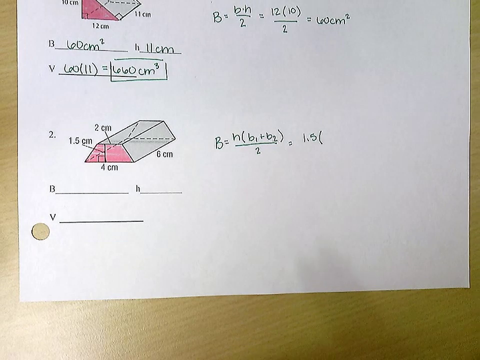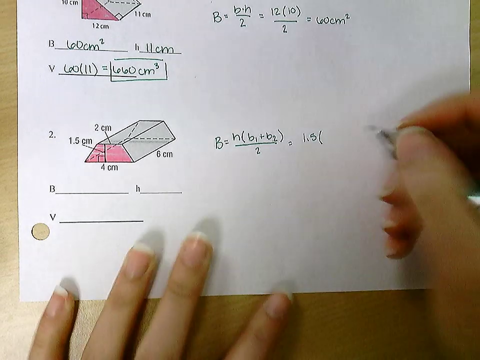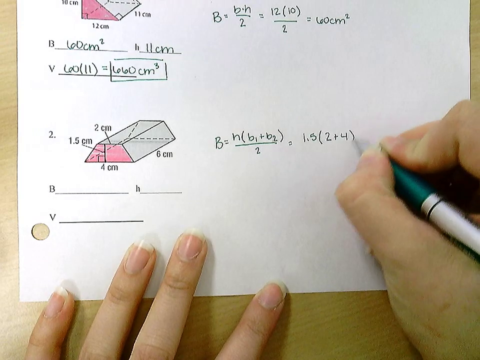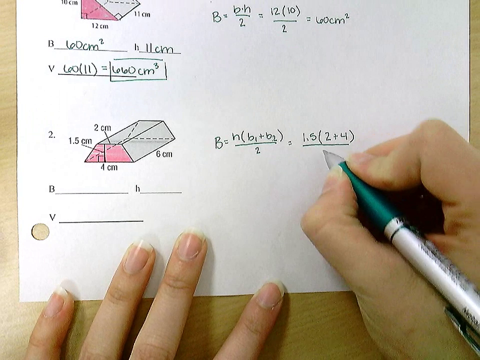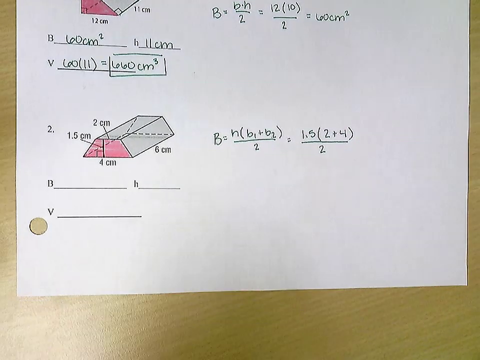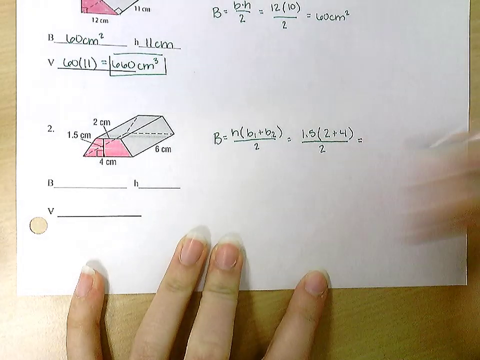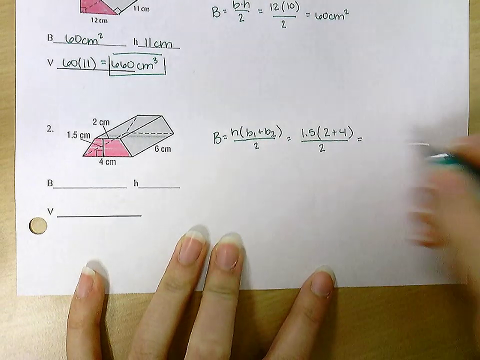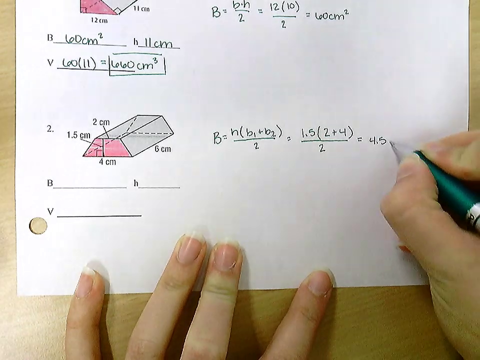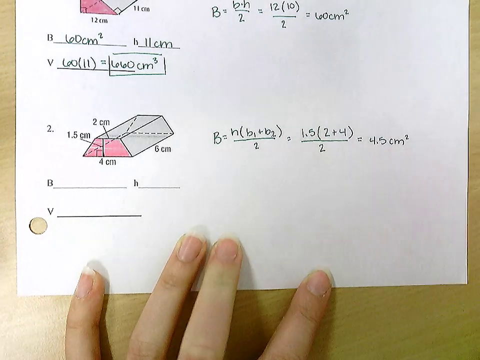What are the two bases of your trapezoid? 2 and 4. So then I can add 2 plus 4 to get 6, multiply 6 by 1.5, and then divide that by 2 to get 4.5 centimeters squared.